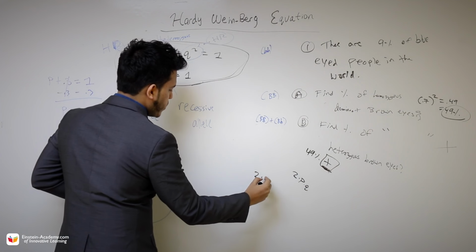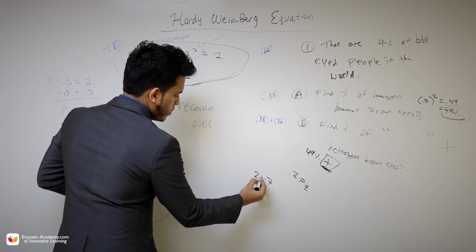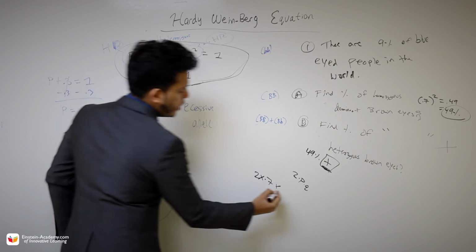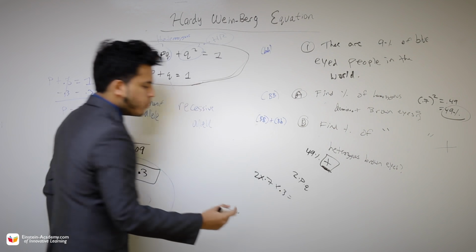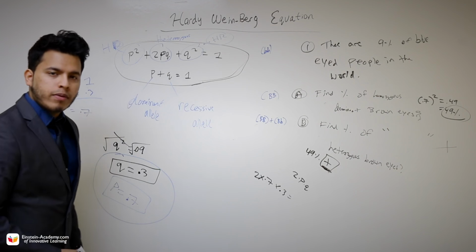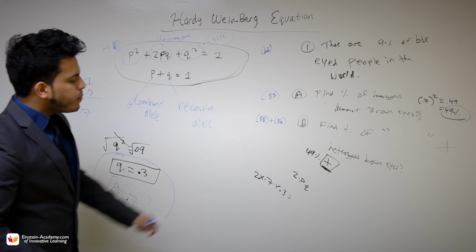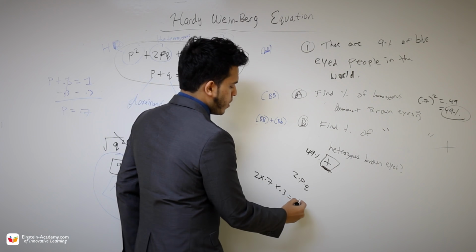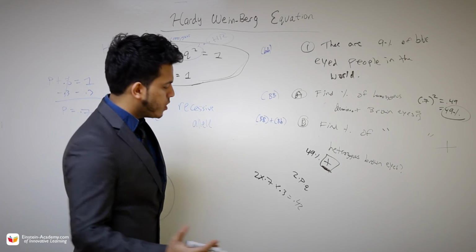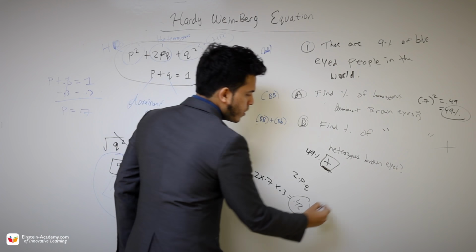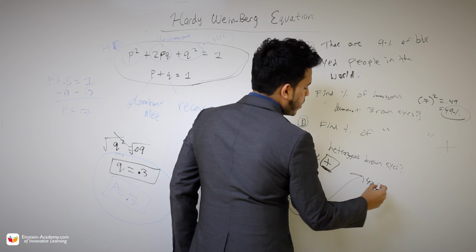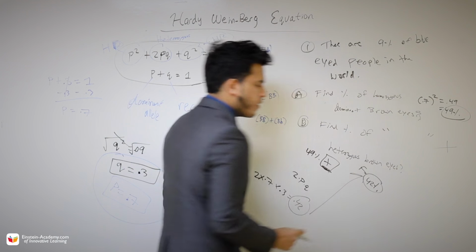So 2 times 0.7 times q, which is 0.3. What's 0.7 times 0.3? 0.21. What's 0.21 times 2? 0.42. Convert this into percentage. 42% is heterozygous brown eyes.